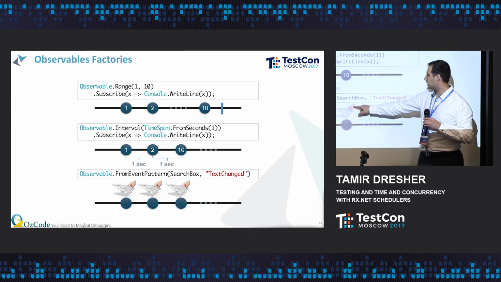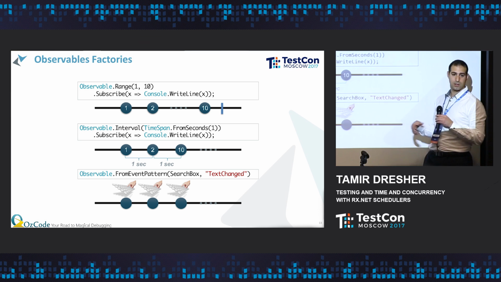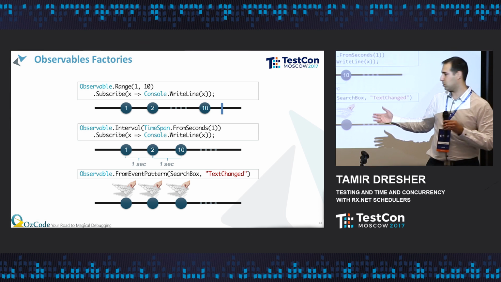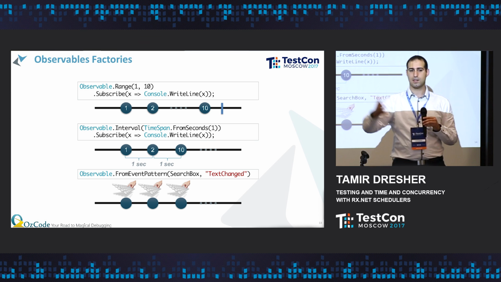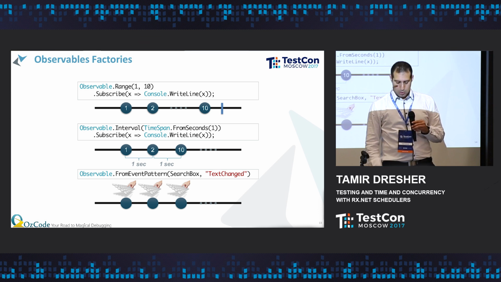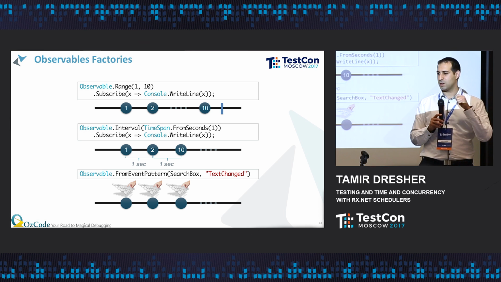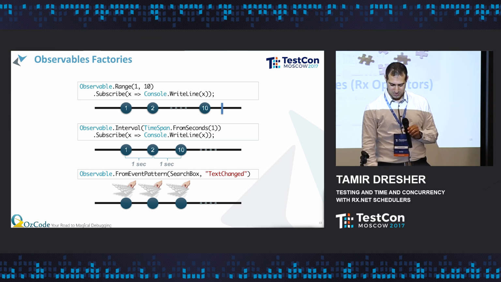In this case I have a text box, which I call the search box, and I have an event inside called text change. Every time the text changes, my observable will emit a value saying the text has changed, the text has changed. So now I can subscribe to those changes. All this is nice and well, but I'm sure you still don't understand where the benefit is. So now I'm going to show you.